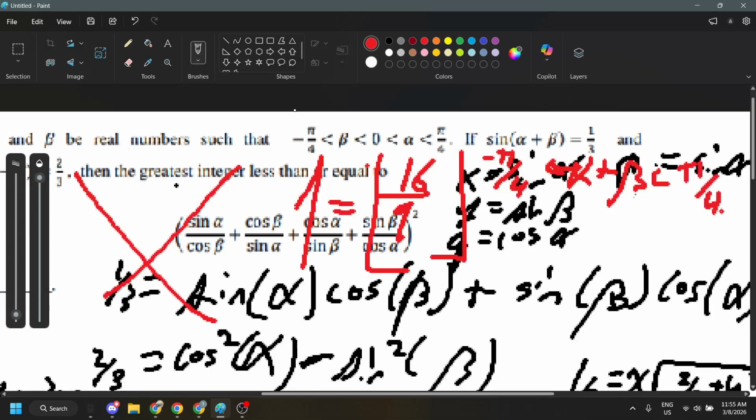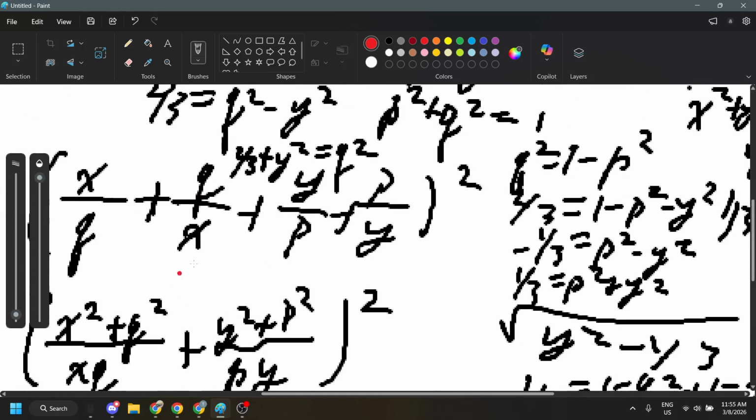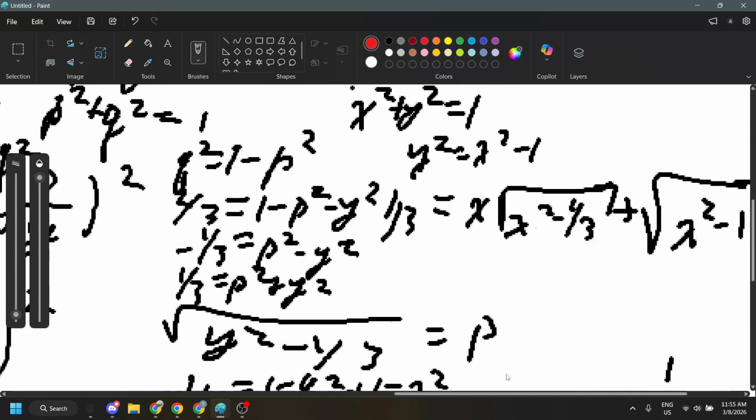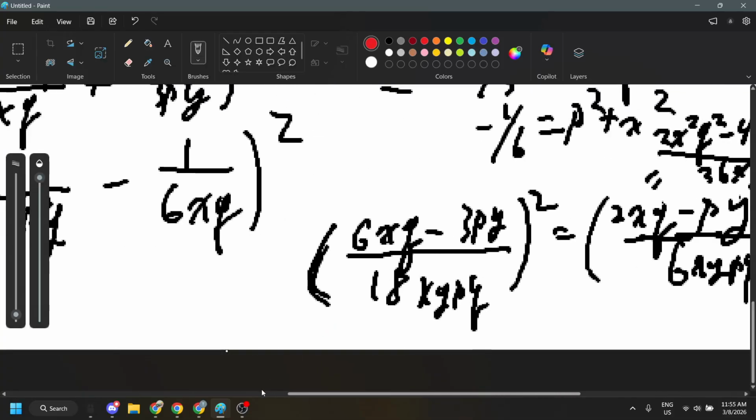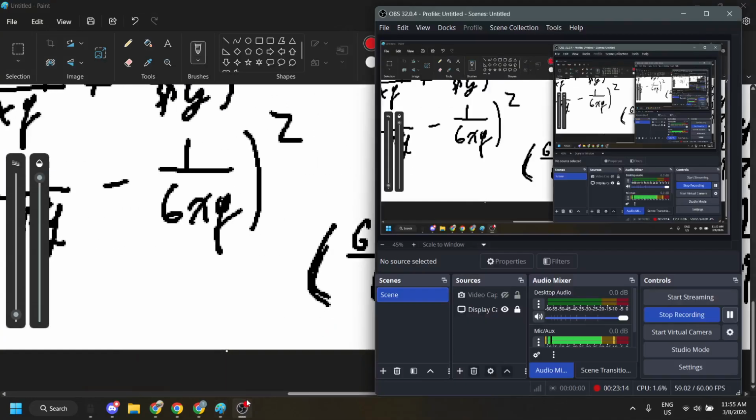I should have realized that, but I couldn't really. Everything else they said was similar to what I did here, and then they just continued manipulating this until they got something they could work with. But I didn't really. I don't know.